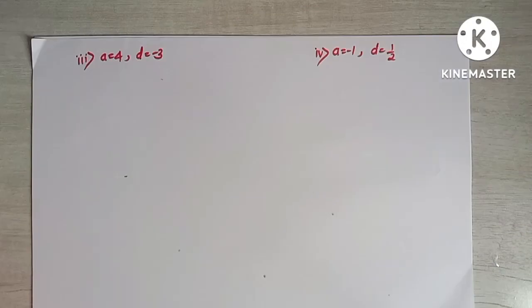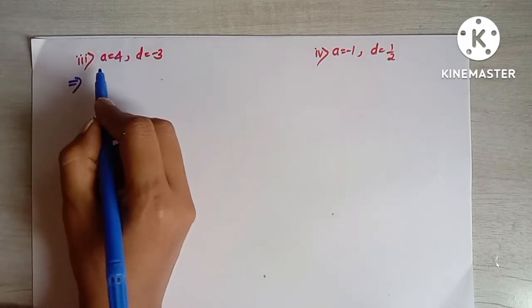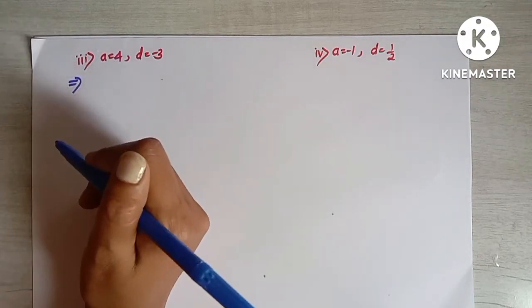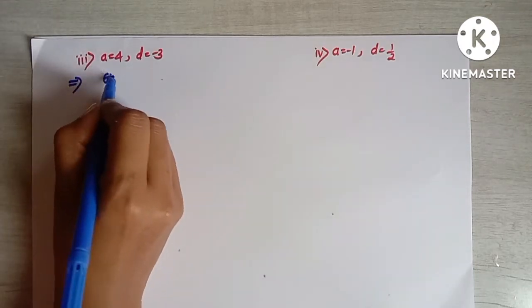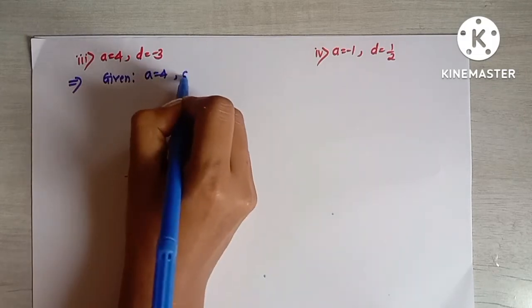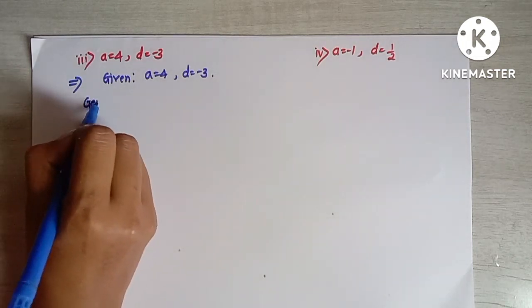Let us see the third question. So the third question is A is equal to 4 and D is equal to minus 3. First we have to write the given things. So what is given? A is equal to 4 and D is equal to minus 3. So what we have to do? We have to write the general form of AP. So what is the general form of AP?